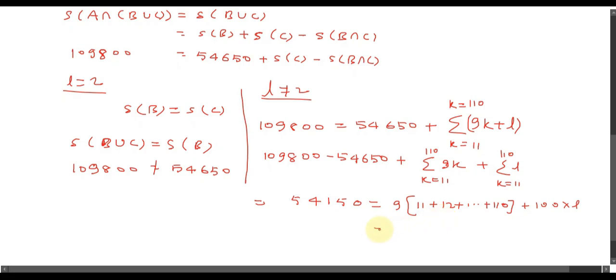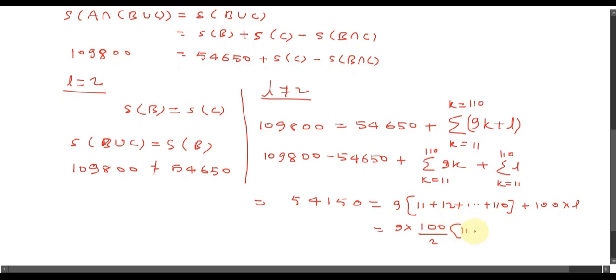Okay, and let's find the summation of these terms. 9 into, the number of terms in this case is 100, so we will apply the formula for finding the sum of terms of an AP, which is equal to n by 2 into first term plus last term. The number of terms is 100 divided by 2.